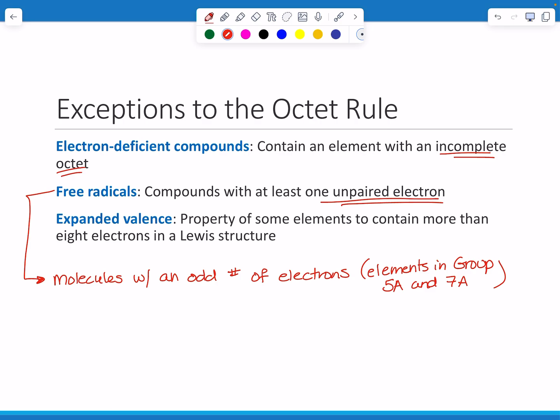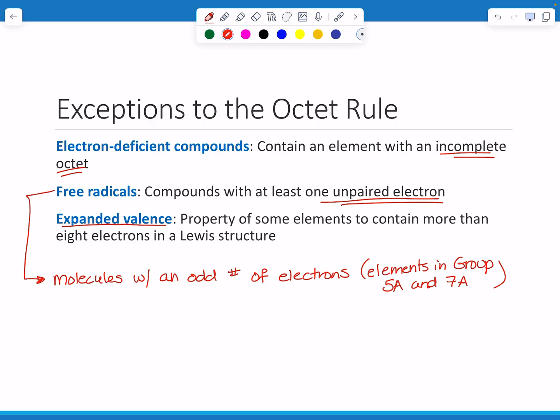The third one is atoms that can have an expanded valence. Some elements can contain more than 8 electrons in their Lewis structure.